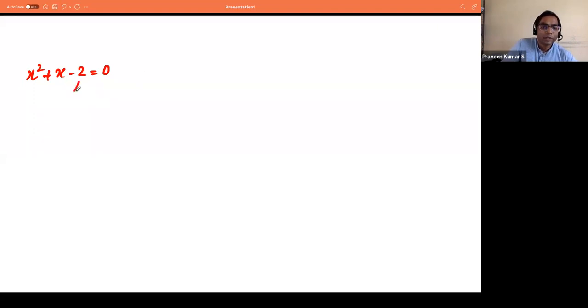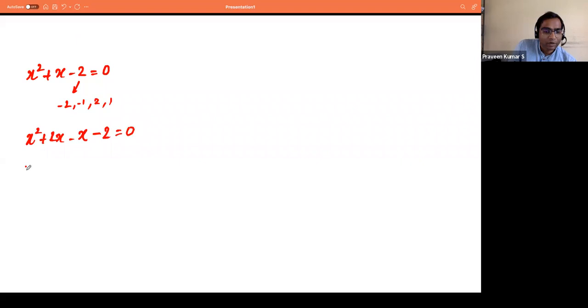You have to first look at the factors of this minus 2. So factors of minus 2 can be minus 2, minus 1, 2, 1. All these are possible factors, right? So can you write this x square plus x minus 2 as x square plus 2x minus x minus 2 is equal to 0.